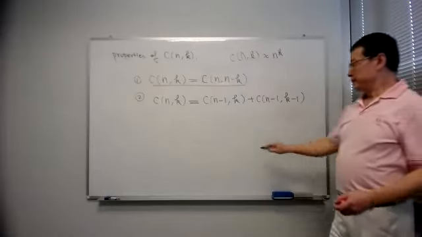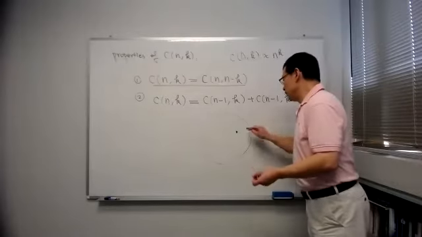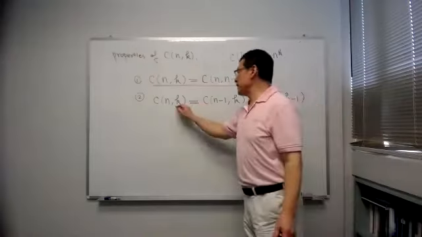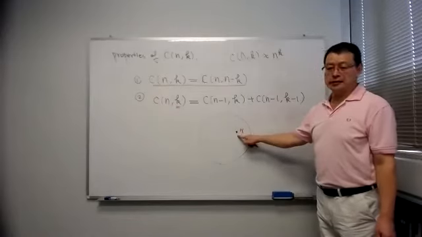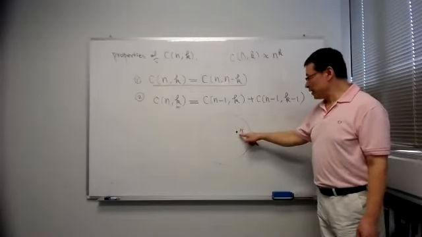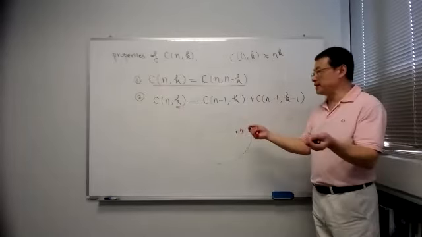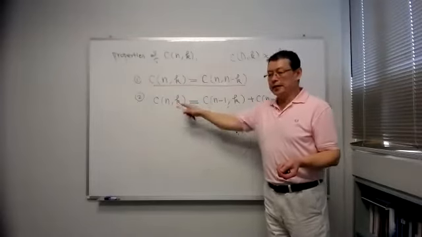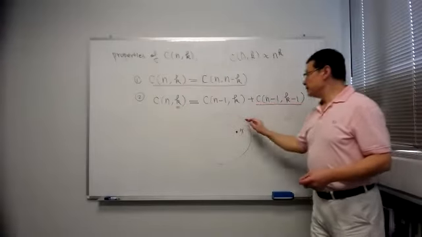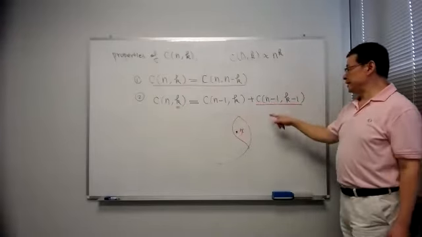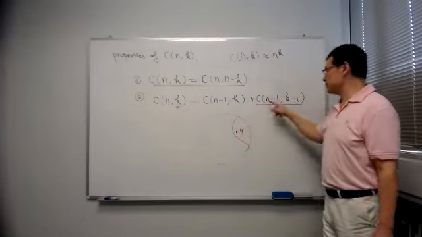All right. Now, look at this set. Consider a particular element x. I want to choose a set with k elements. There are two ways: one is to include this element x, another is to exclude this element x. There are only two possibilities. If I use this element, then I need to choose k minus 1 elements from the remaining set, so that will be n minus 1.